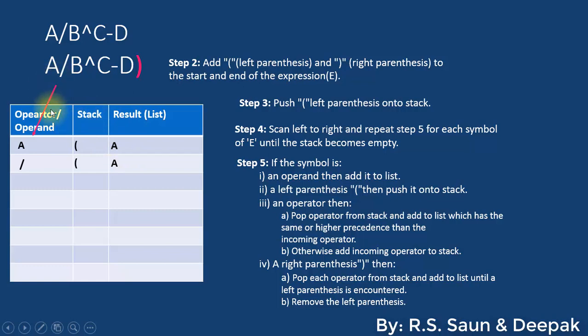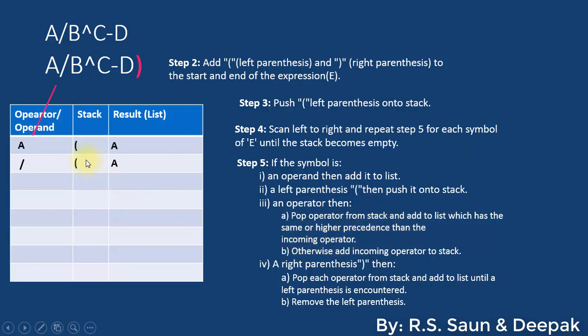Next, we have scanned a slash. Now what we need to do, we need to search for the appropriate operation. Now you can see step 5, third point, if it is an operator, then pop operator from stack and add to list which has same or higher precedence than the incoming operator.